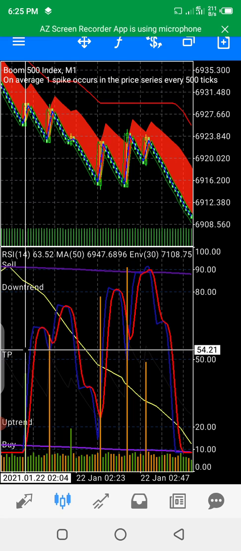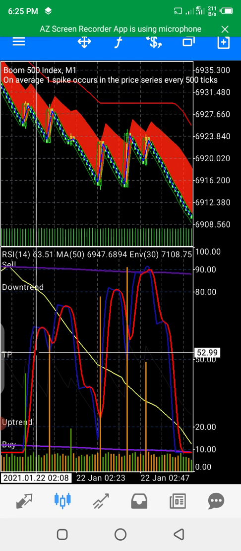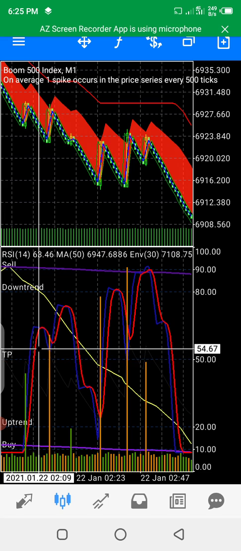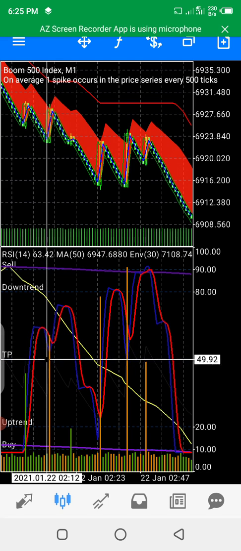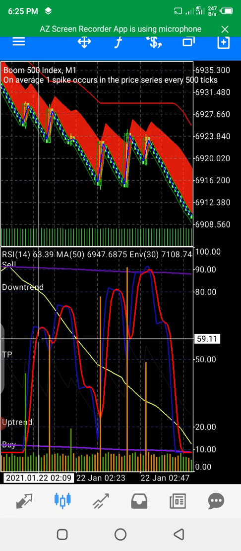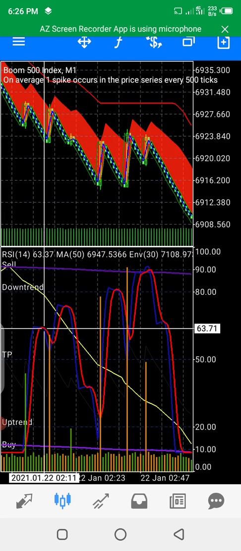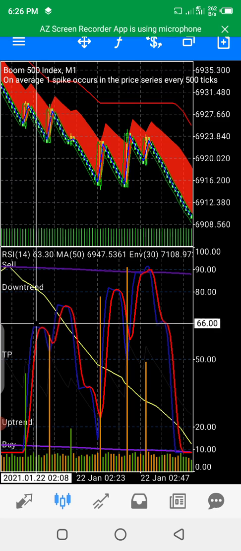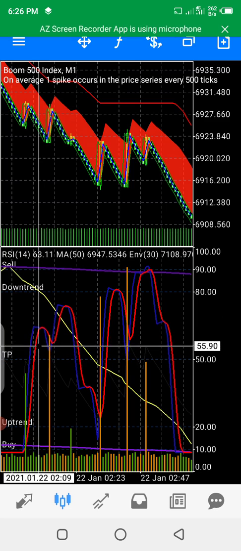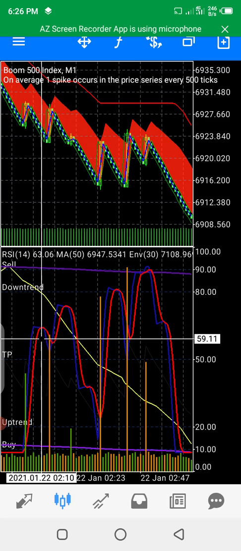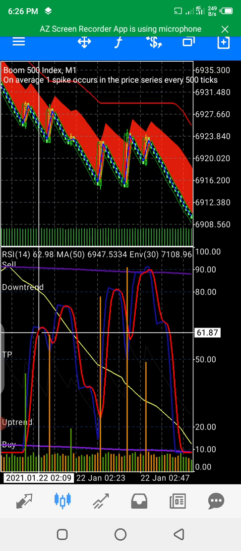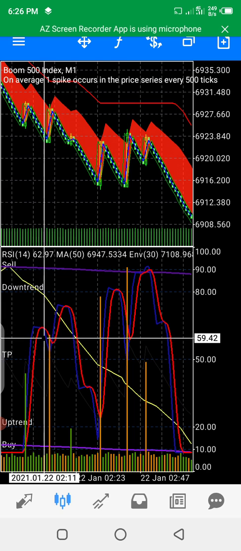After it spiked, it continued coming down. Then somewhere here, these guys met again. The blue and the red one met here. What happens there?